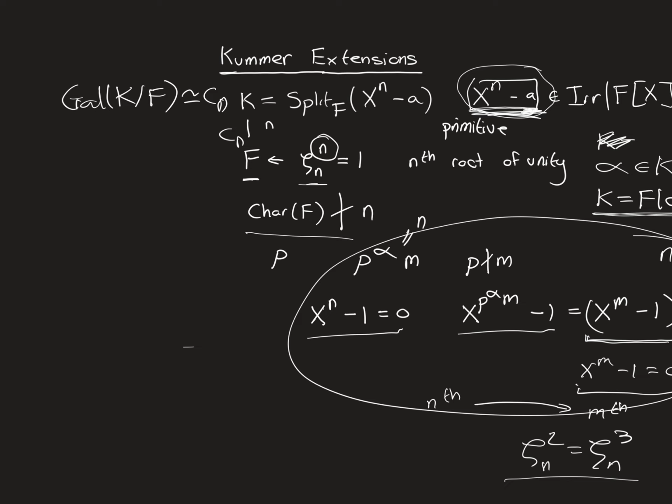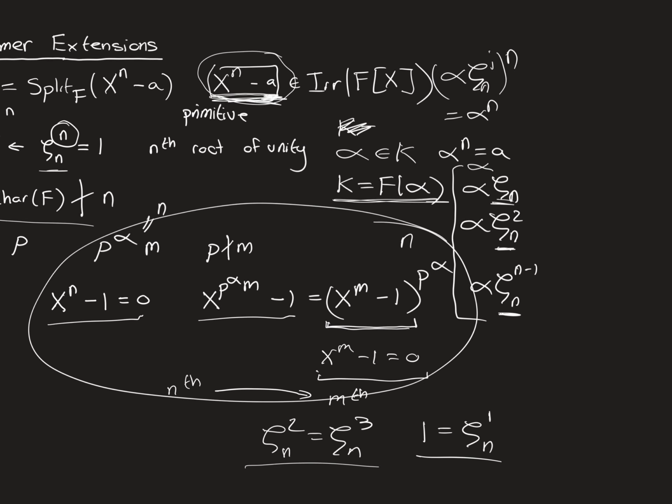So firstly, to try and convince us that the Galois group of these Kummer extensions is equal to Cn, we go back over here. We know that this extension is achieved by just adjoining a single root of the polynomial. Therefore, understanding what the automorphisms of this extension are, or the F-automorphisms of K, is very simple.